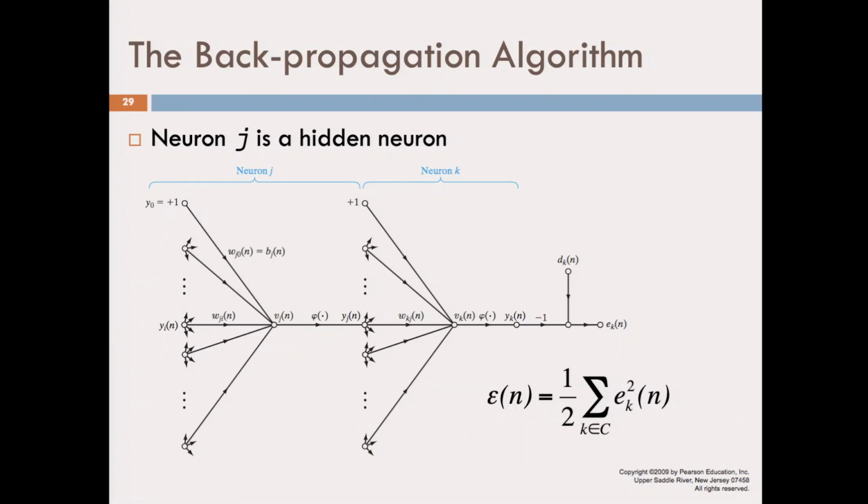I'm going to calculate the local gradient for the output. Then, as each neuron is connected to neuron J by a weight, I multiply the local gradients by the weights that connect these output neurons to neuron J, and then multiply that summation by the derivative of the activation function in neuron J.